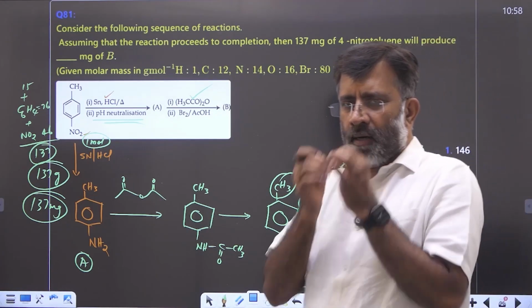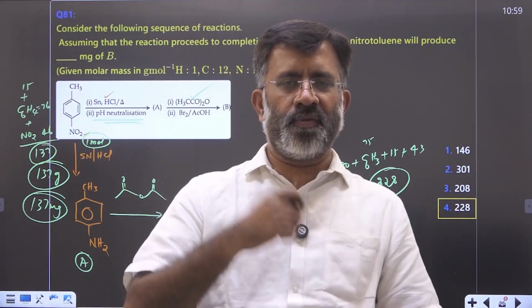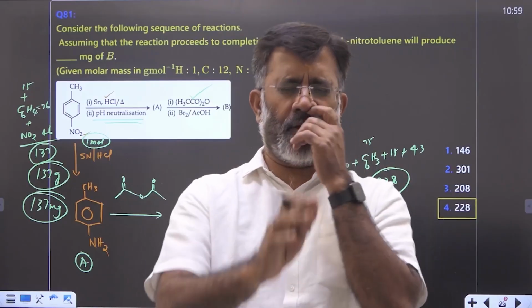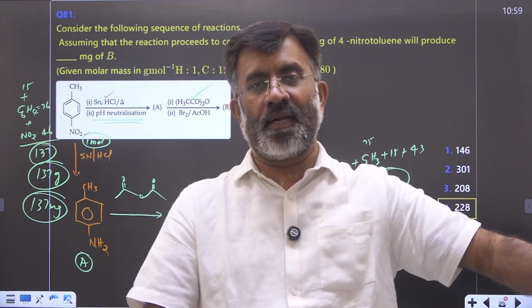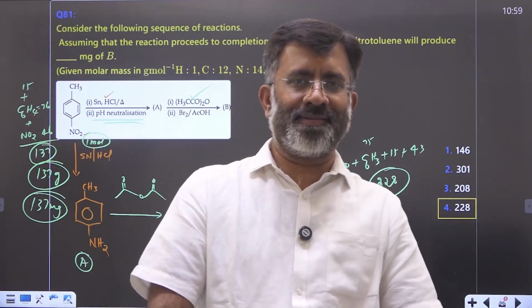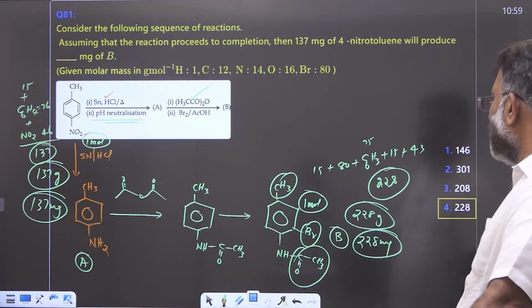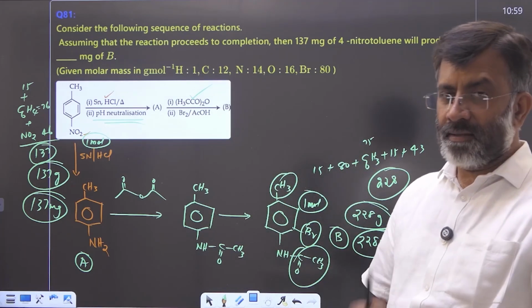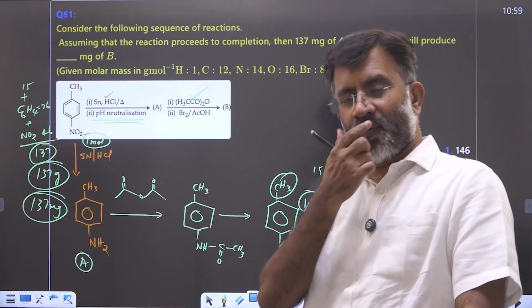So we need to identify the sequence of reactions and check the molar mass of the starting material and the end material. The final part of the question is very simple, and understanding that sequence is very, very important. Even calculating molar mass takes time, and we need to be pretty careful, especially in numerical type questions.